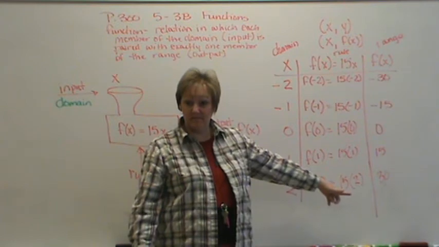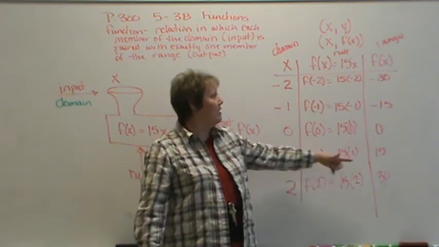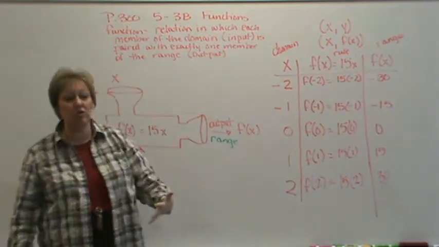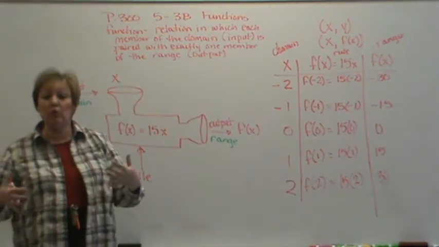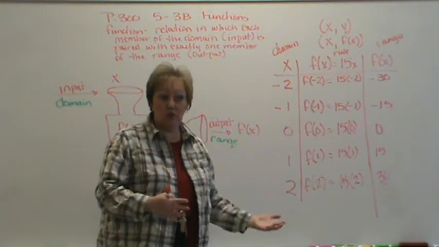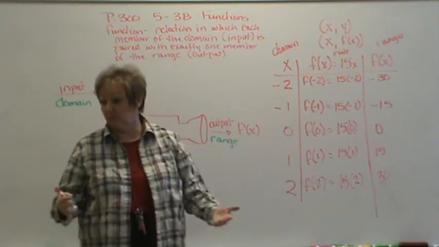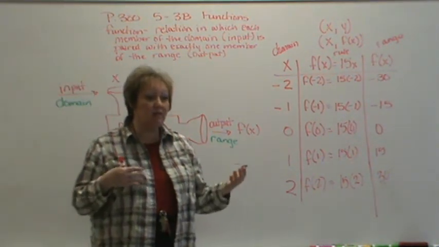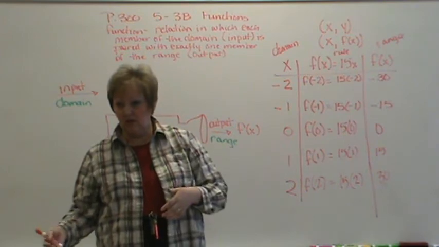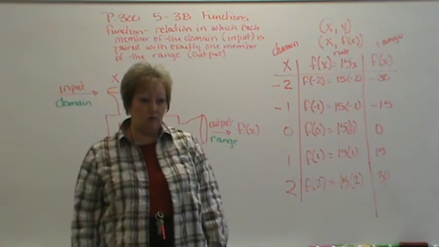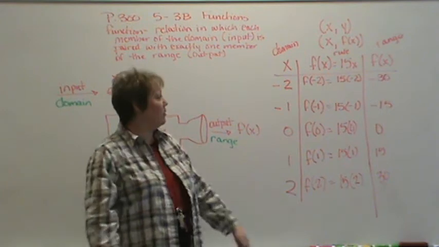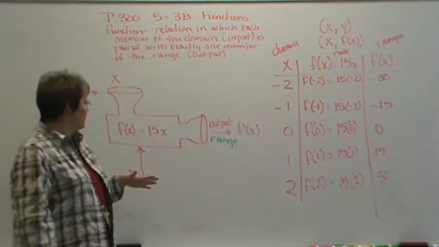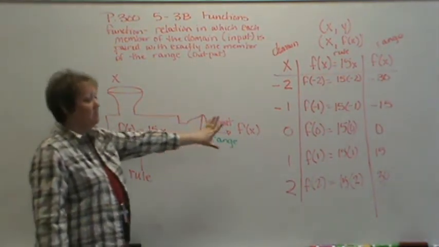Does that kind of make sense of why now we're switching and using function notation? Because one thing is a function of something else. You growing is a function of your nutrition. If you want to grow taller, you're going to eat right. Or your growth could be a function of your genetic factor. Is your mom tall? Is your dad tall? So something is going to be a function of something else. Does this make sense? The function machine, function table?